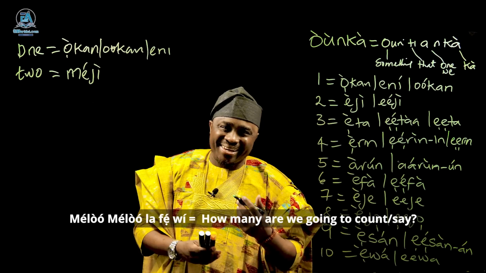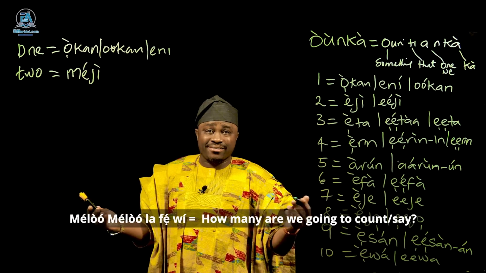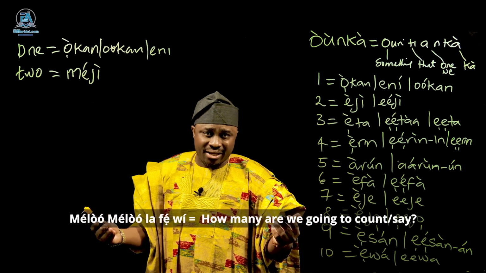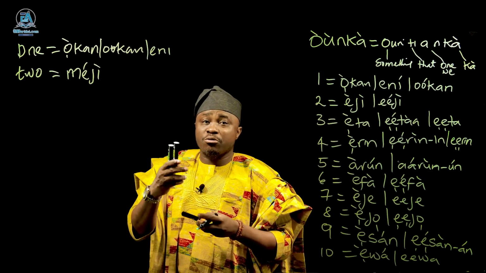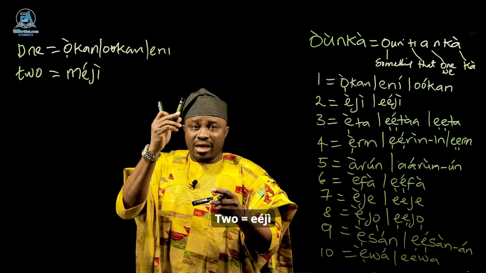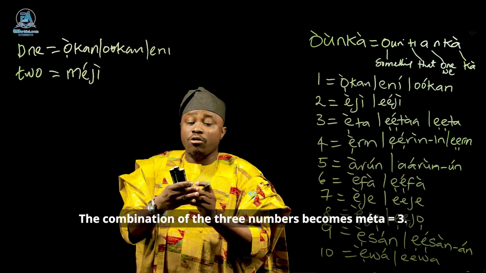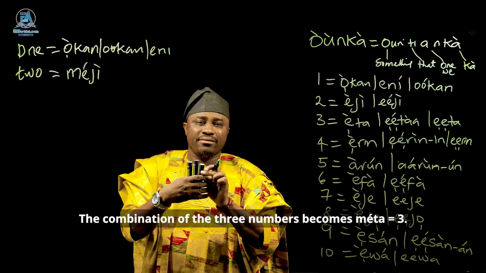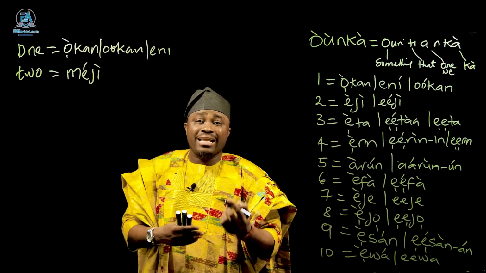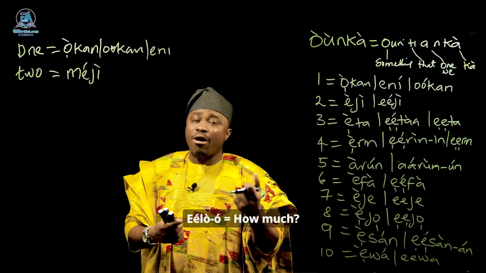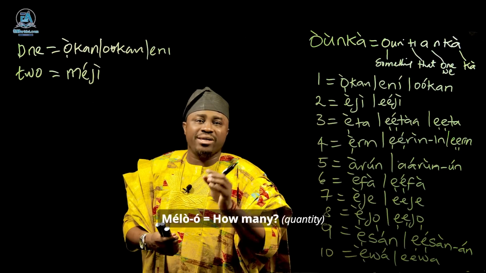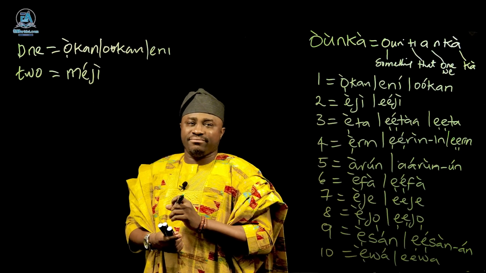Mélòó la fẹ́ wí? How many are we going to count? How many are we going to say? Because when you're counting ọ̀kan, èjì, ẹ̀ta, it becomes mẹ́ta. That's why èló is how much. Mélòó is quantity. How many?